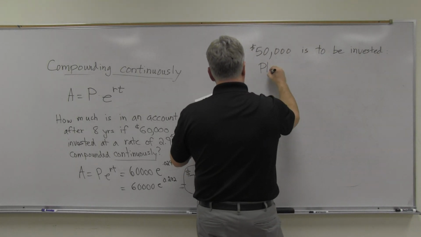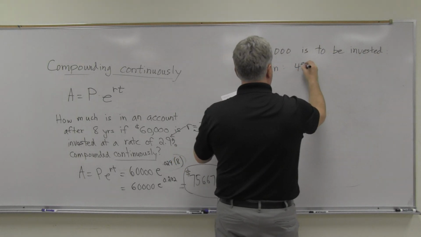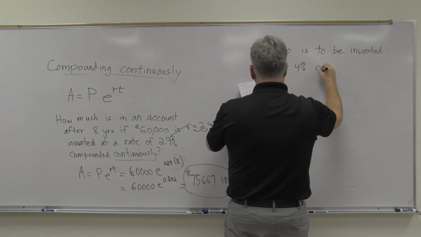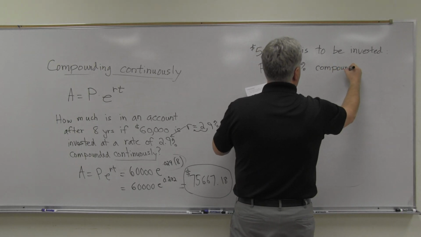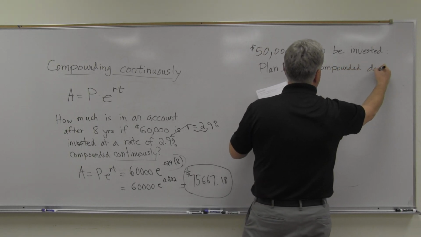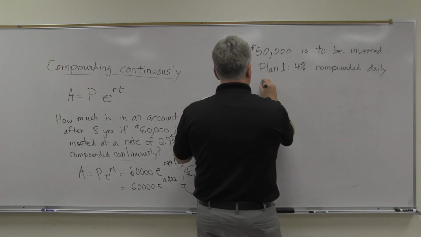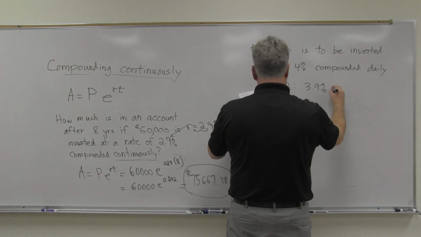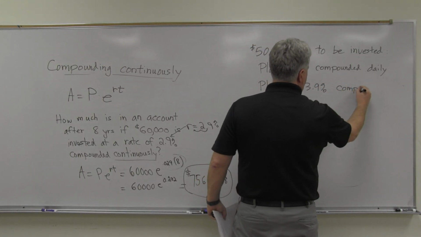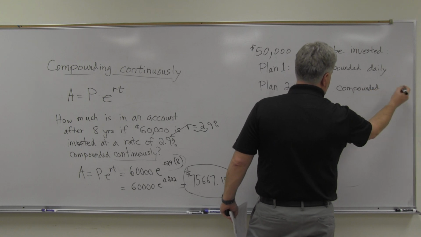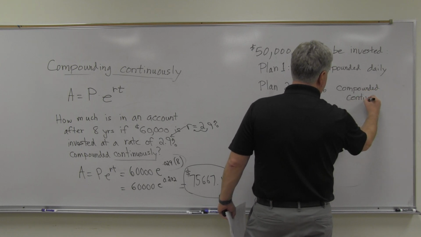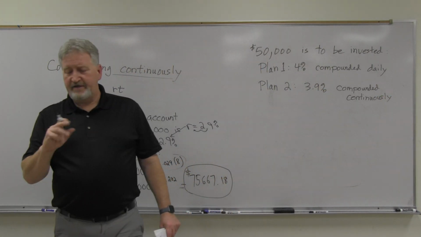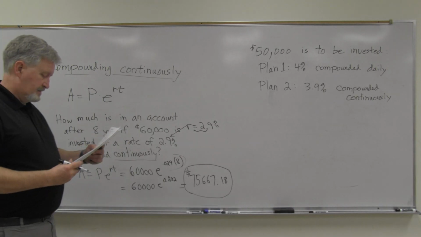Plan 1 has 4% compounded daily. And then plan 2 has 3.9%, but it's compounded continuously. So we said if everything else is equal, compounded continuously is better, but in this case the percentages are a little bit different, so let's see about that.